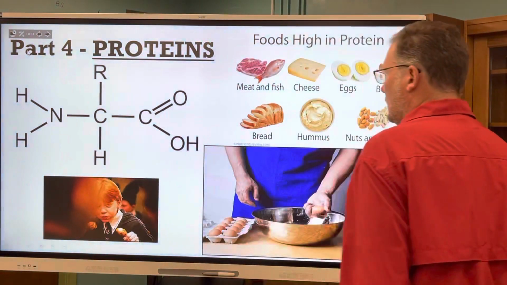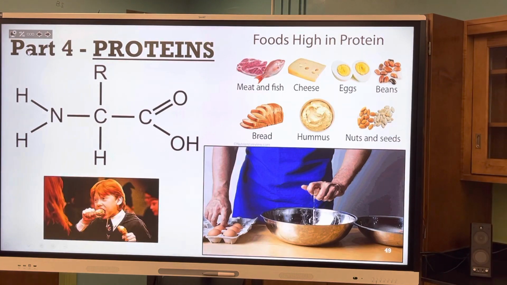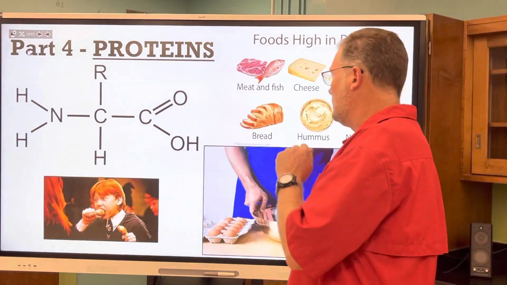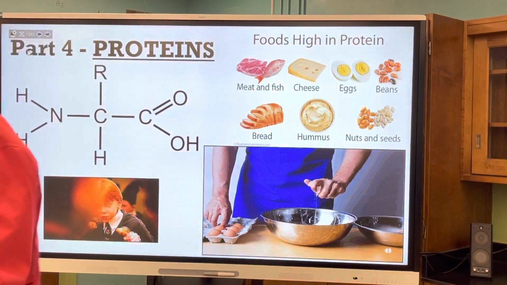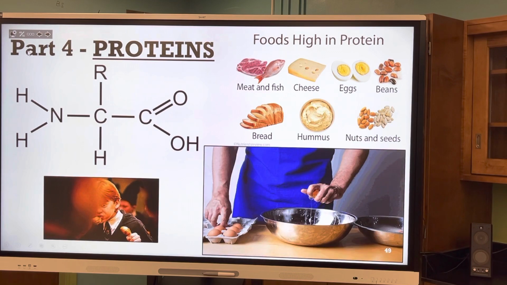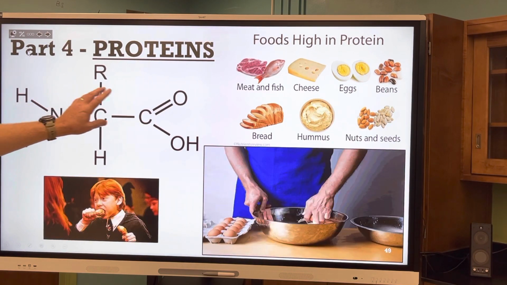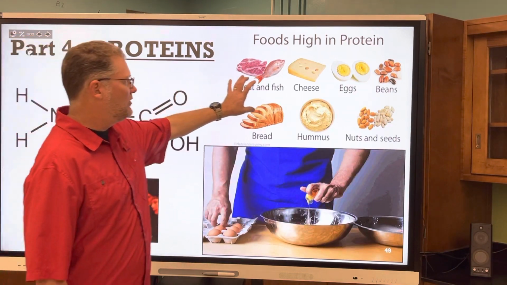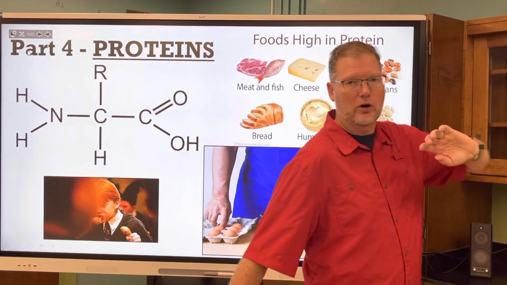And finally, part 4, the proteins. We're on slide 49. So this is an example of a protein, but you can get protein from chicken, or eggs, but you can get protein from all of these things and much more.